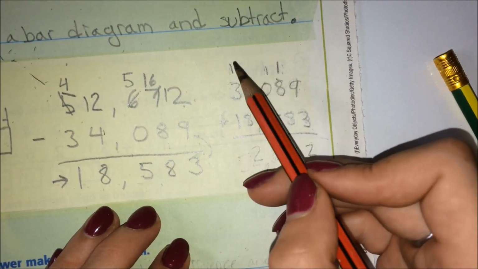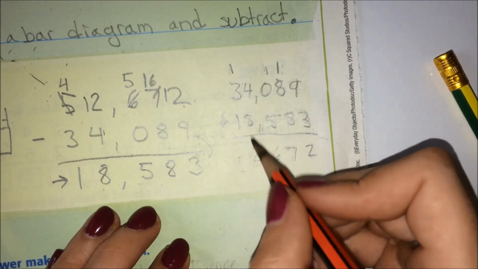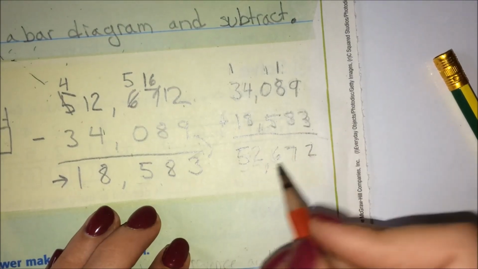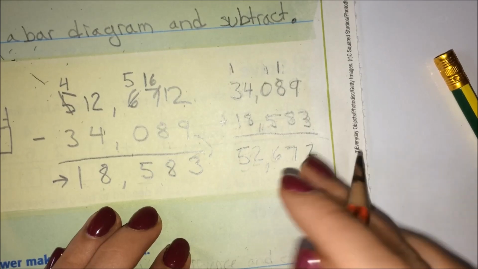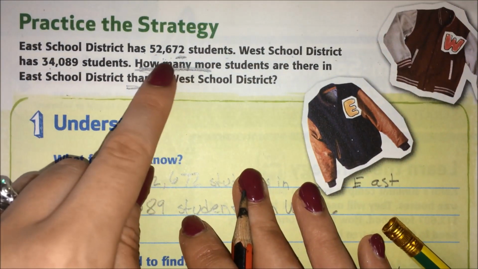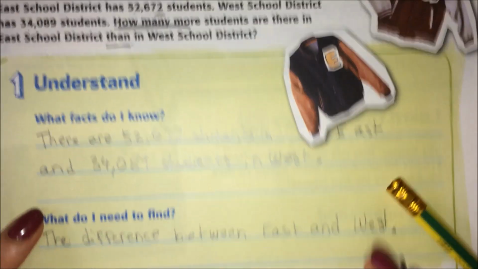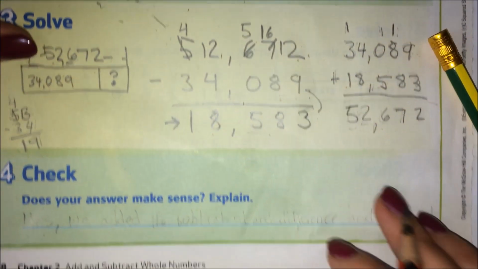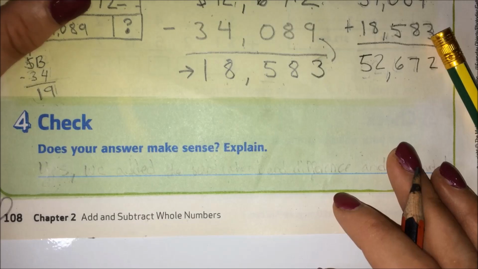Carry the 1. 1 plus 3 is 4, plus 1 is 5, 52,672, which was our original minuend. So we know we've gotten the answer correctly.